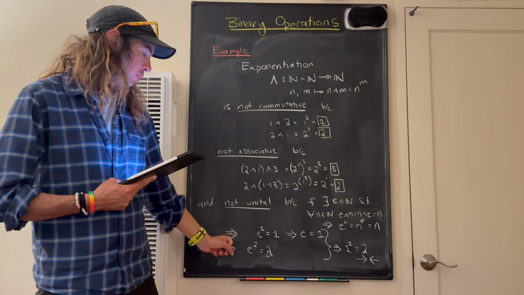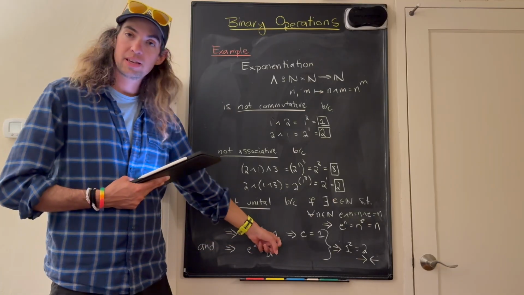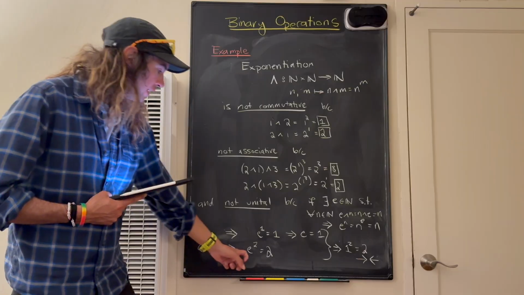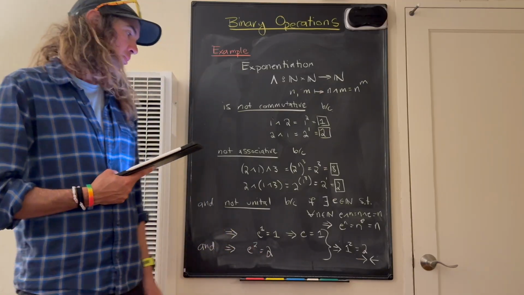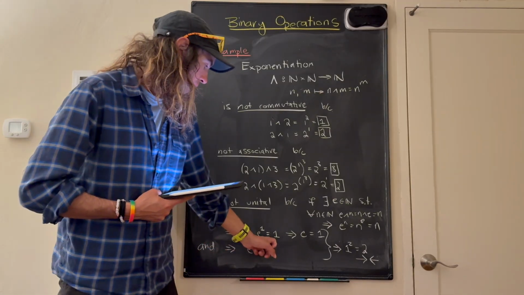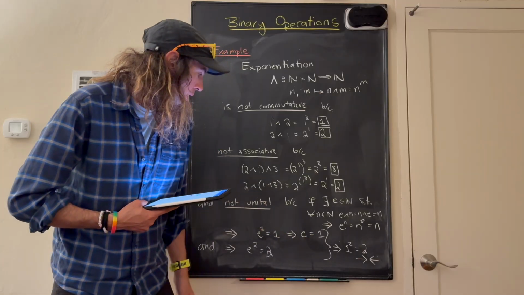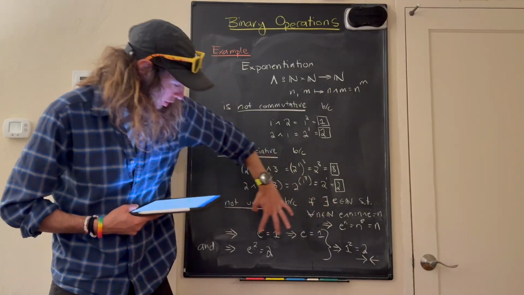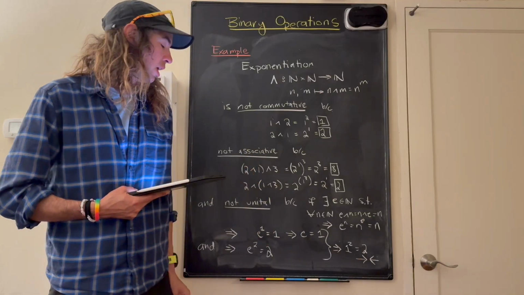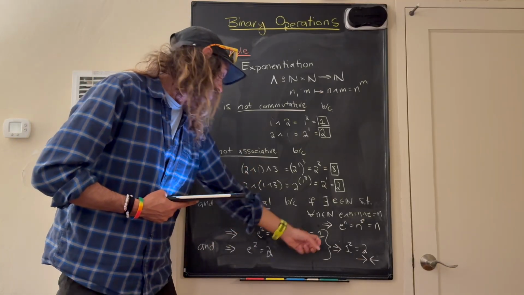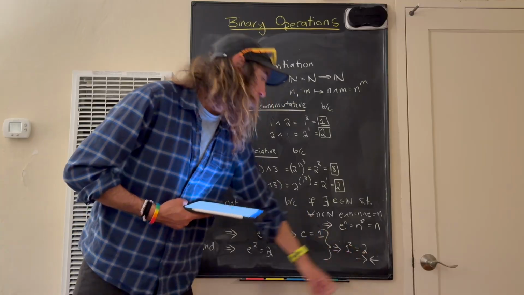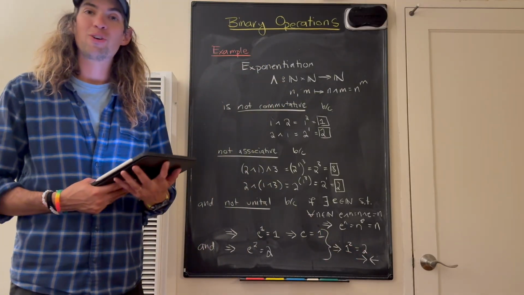First of all, this would mean that e to the 1 is 1, taking n equal 1. But it would also mean that e to the 2 is 2, taking n equals 2. The first one obviously implies that e is 1. And if I combine this equation and that equation, e is 1, so that would mean that 1 squared is 2, which would mean that 1 is 2, which is false.